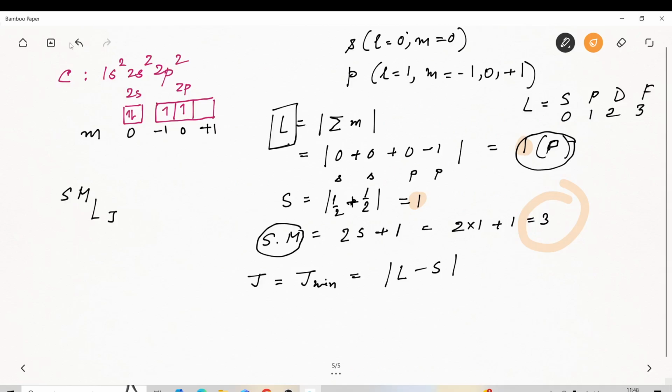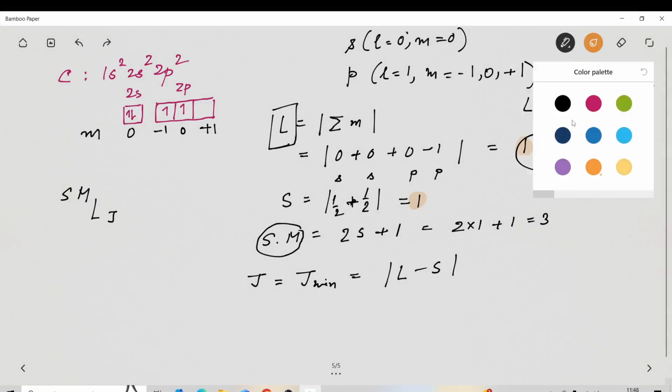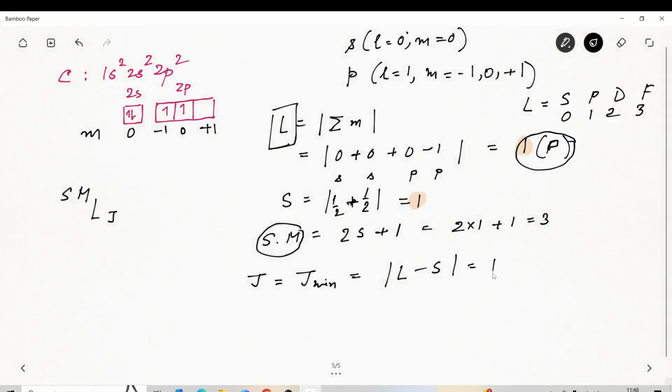Clear? So this is 1 minus 1, so 0. So the ground state term, therefore, is triplet spin multiplicity L. What is L?